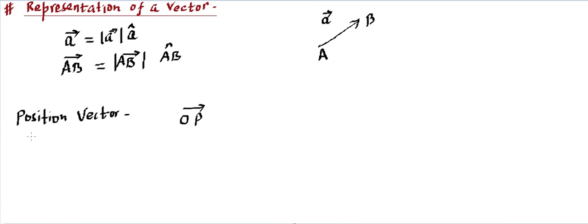Now the position vector of any point P which has coordinates x comma y is given as OP vector equal to x i cap plus y j cap. You must be remembering i cap indicates the direction of plus x, and j cap indicates the direction of plus y. So this is the position vector of a point P which has coordinates x comma y.